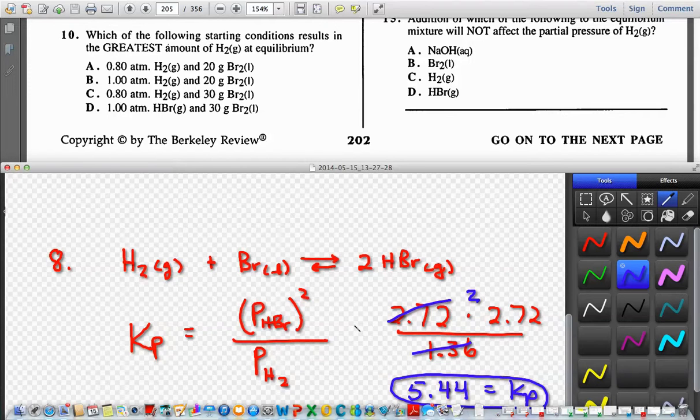Greatest amount of H2 at equilibrium. It's an interesting question.